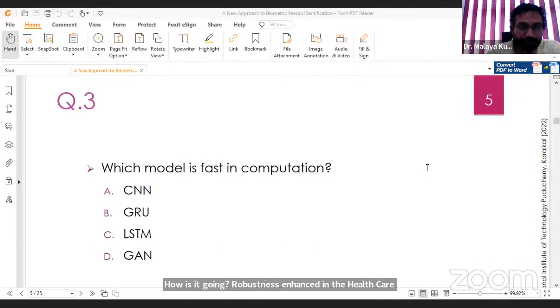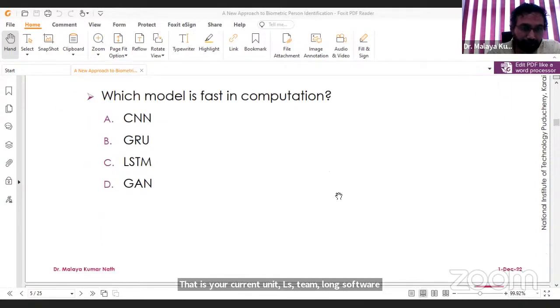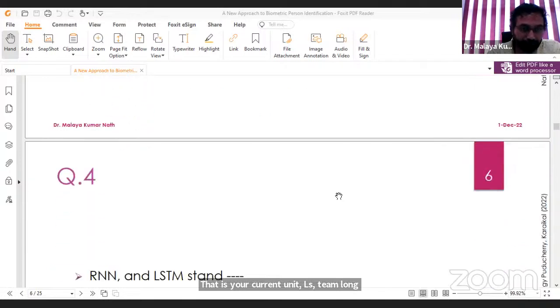Which model is fast in computation: convolutional neural network, GRU (gated recurrent unit), LSTM (long short-term memory network), or GAN (generative adversarial network)?